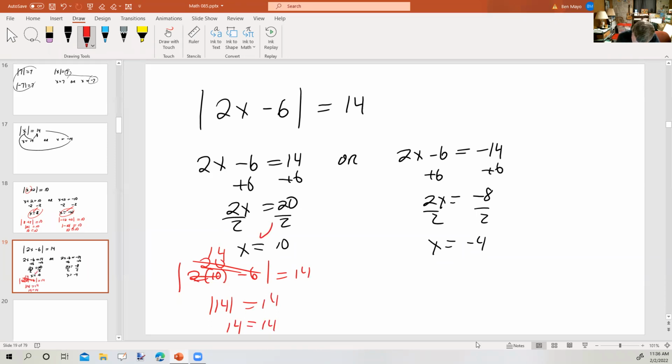If x is -4, the absolute value of 2 times -4 minus 6 equals 14. 2 times -4 is -8. -8 minus 6 is -14. The absolute value of -14 is 14. So 14 equals 14. It checks. Am I going too fast? No. Okay, all righty.